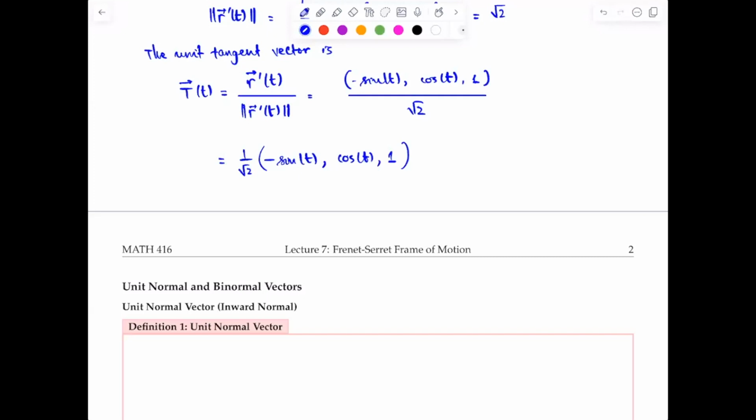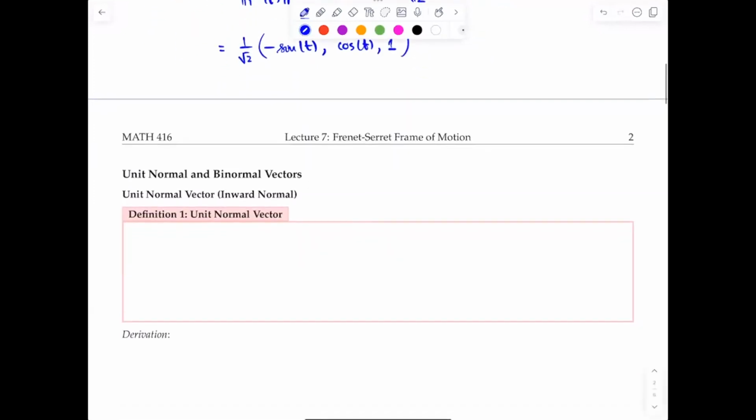All right, so first the unit normal vector, and it's going to be the inward vector. You have the unit outward normal vector and the inward normal vector.